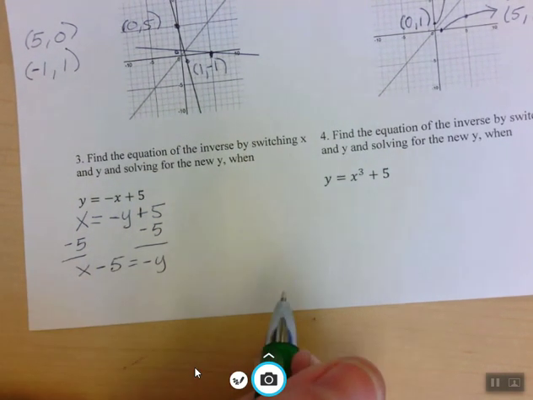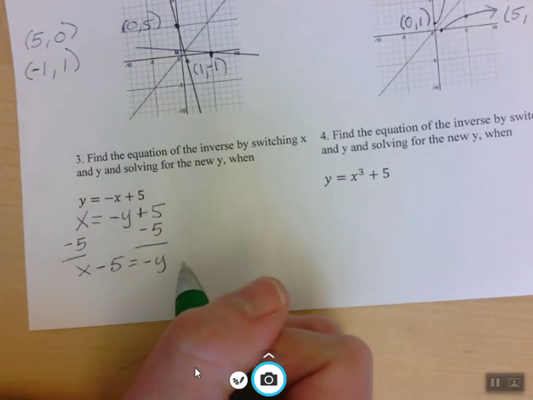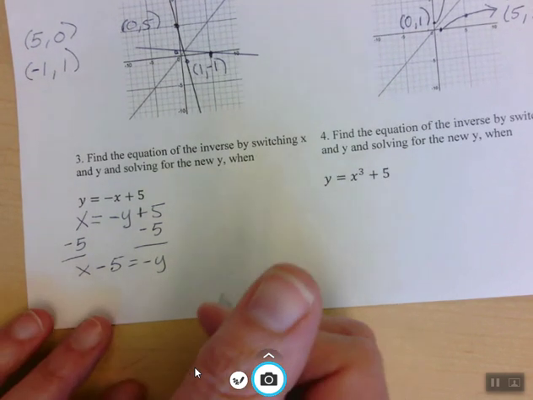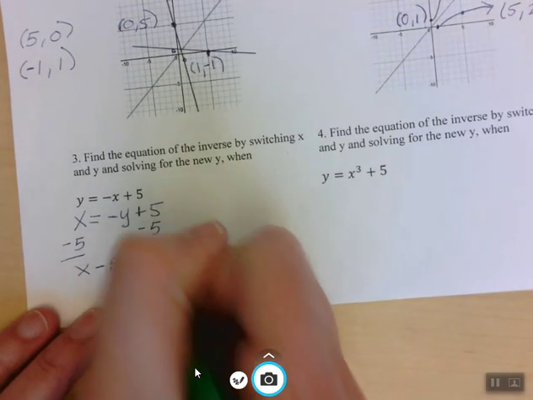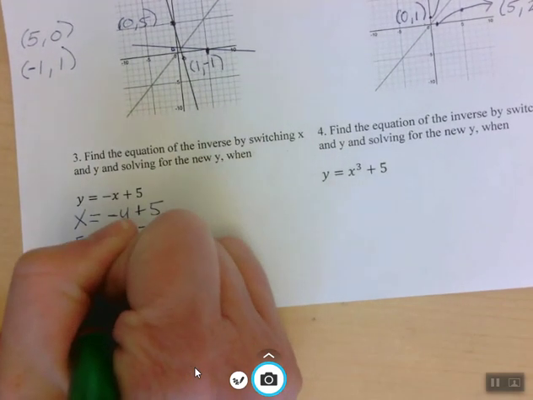How can I find positive y? Well, I could add it and move it here, but then I'd have to move all these over here. Is there another way? Divide by what? Negative 1? Yeah, I can divide by negative 1, because really this is the same as negative 1y. So I can divide everything by negative 1.